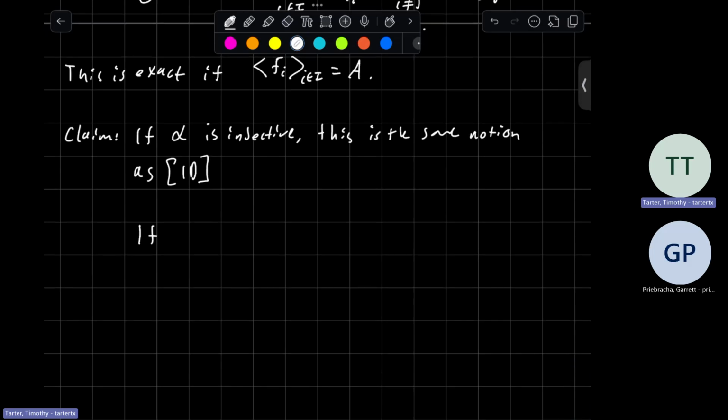And then if the kernel of beta is contained in the image of alpha, this is the same notion as gluability.